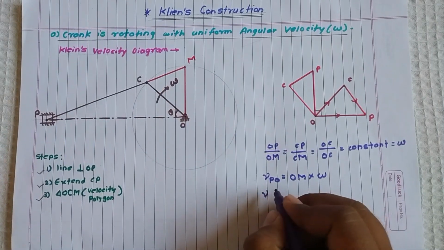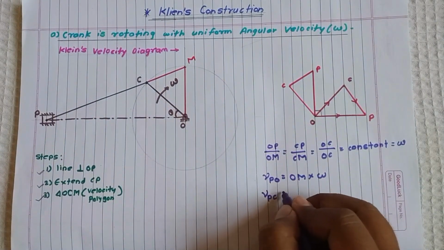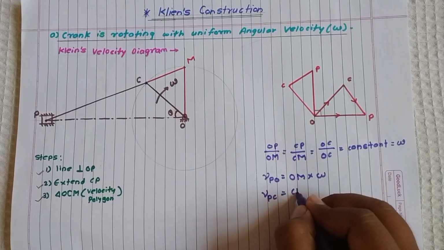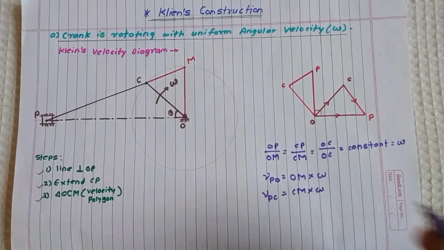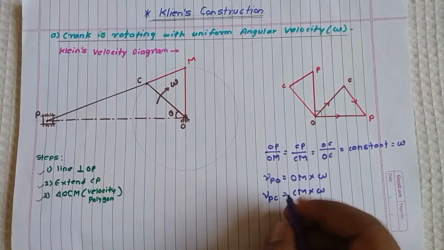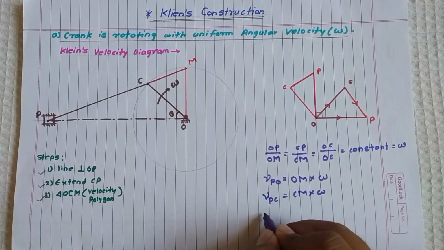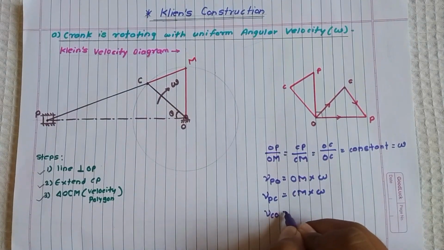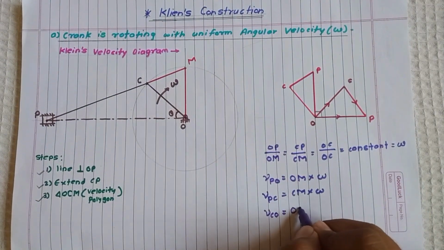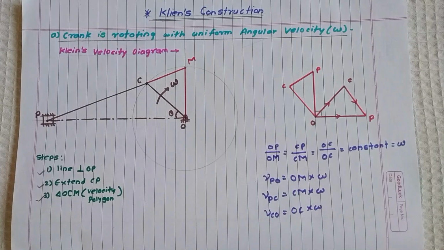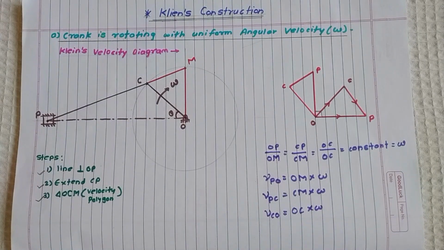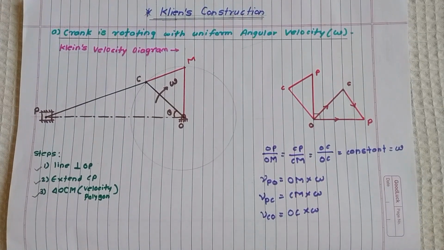So velocity of P with respect to C will be CM into omega. Small oc is the velocity of the crank. So velocity of C with respect to O is capital OC into omega. So these are the formulas by using which we can find velocities of the crank, connecting rod and slider in this method.